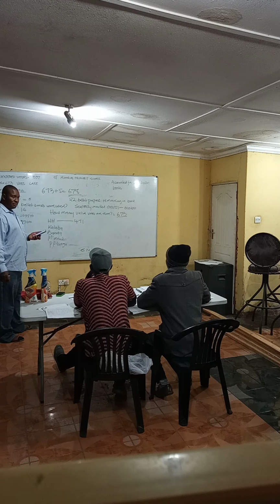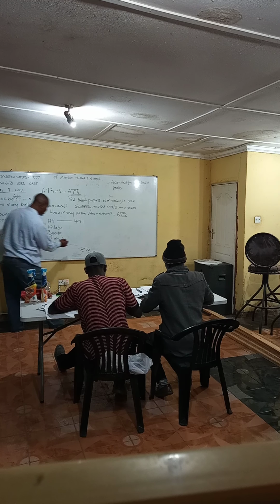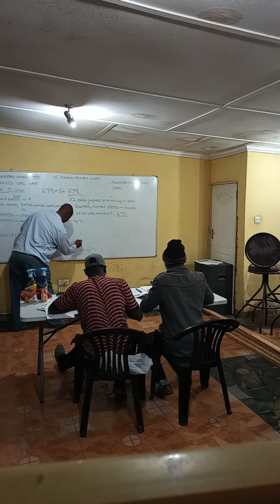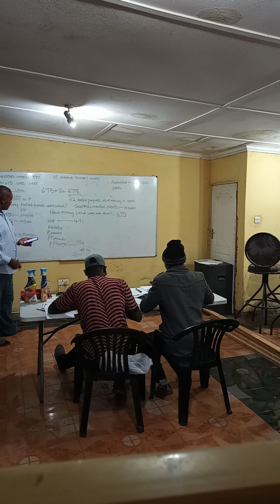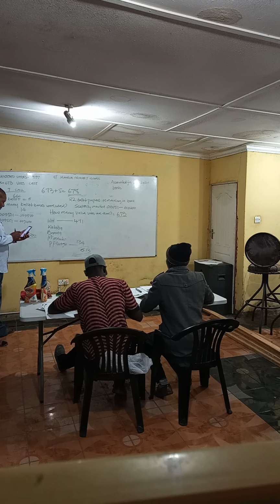If Lungu is getting 20%, Lungu is getting 134. Let's allot them. So 471 plus 134 is equal to 605.